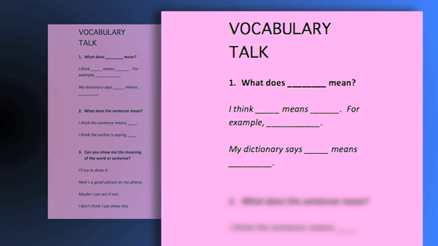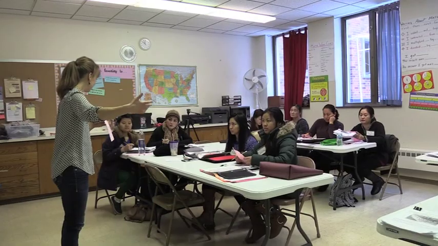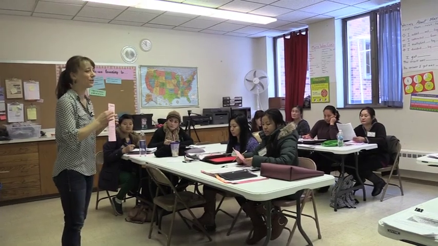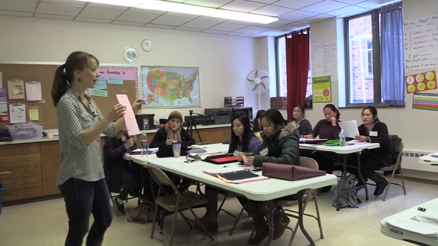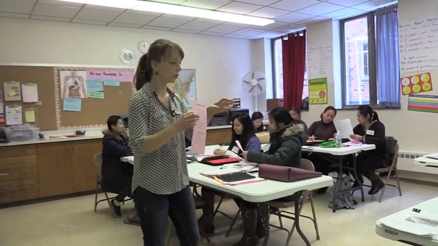I want you to turn and talk to the person next to you, and you're going to practice the first question with the word marched. What does marched mean? I think marched means, for example, you're going to tell your partner what you think it means. Okay? Go ahead with the person next to you, 2 or 3 people.